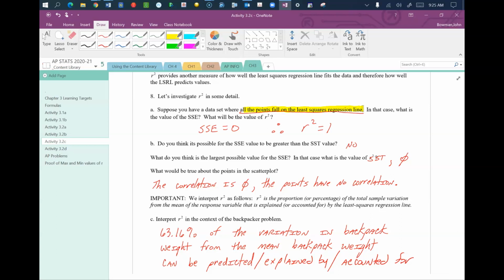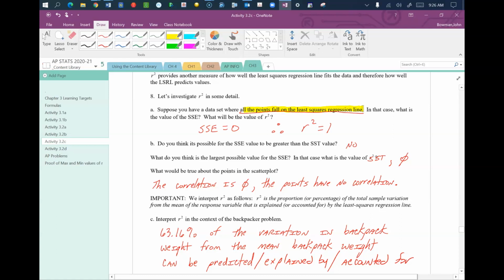Well, if all the points fall exactly on the line of best fit, we know that R is going to be either -1 or +1, and we also know that there are no errors, so SSE is 0. So our line of best fit is perfect at predicting variations in the response variable, so R squared would be 1.